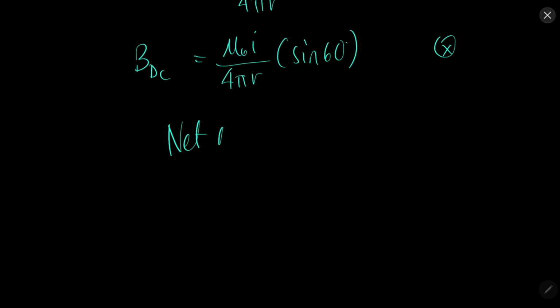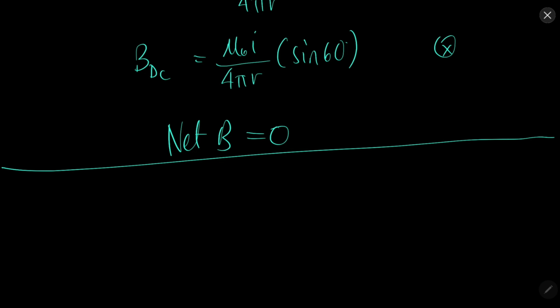So the net field is obviously 0 because all of them are cancelling each other out.